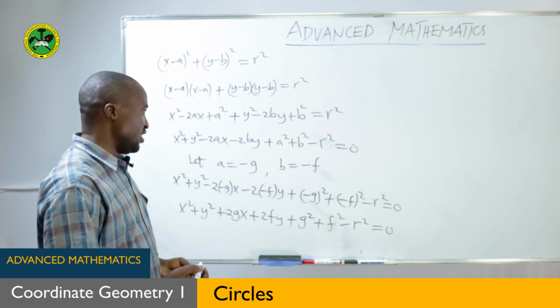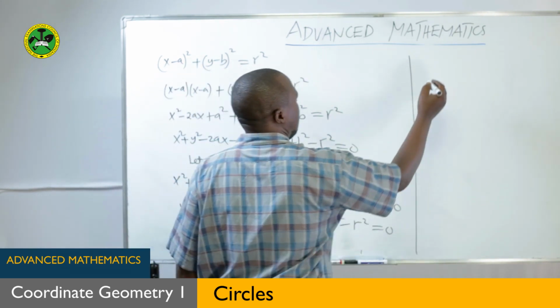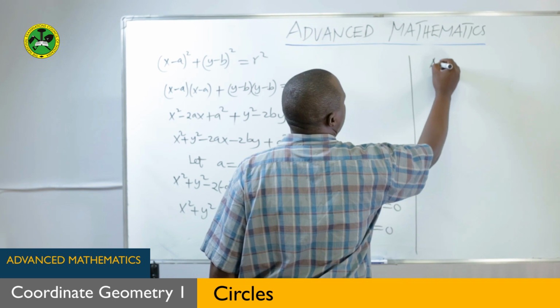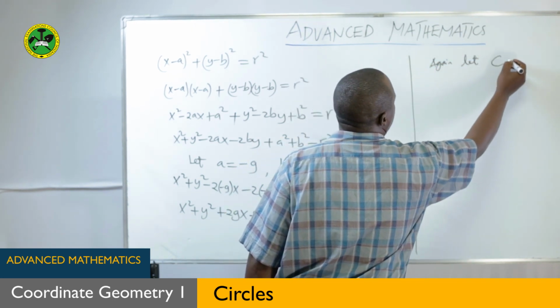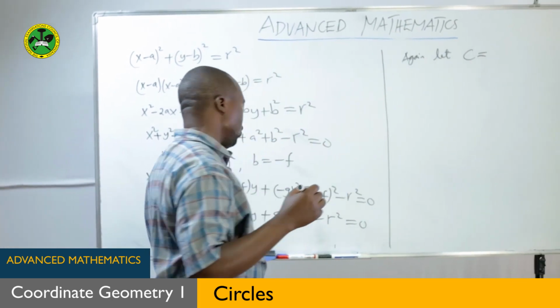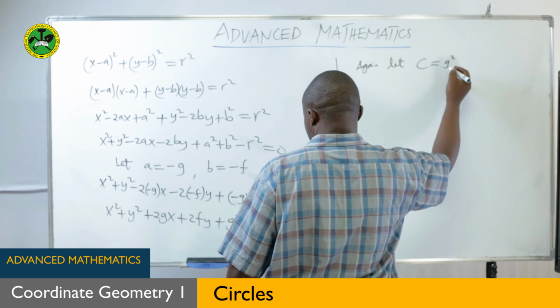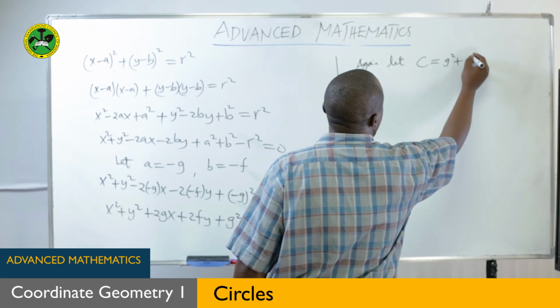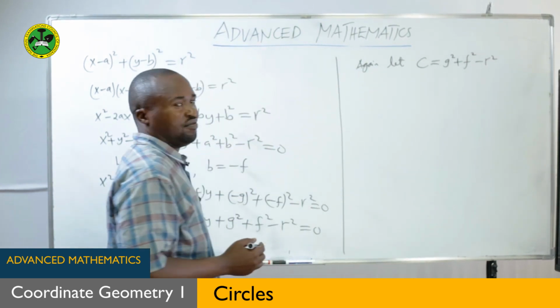So in this case, we say again, let c be equal to g squared plus f squared minus r squared.